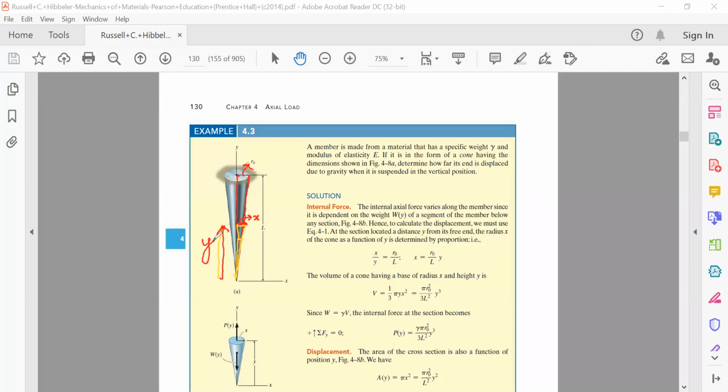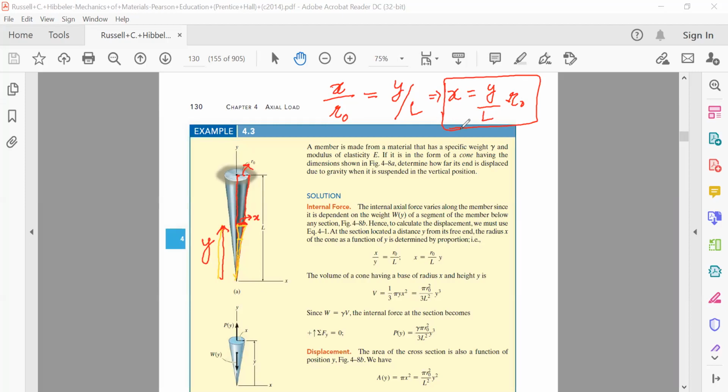So we can write, this is the property of similar triangles, x divided by r naught is equal to y divided by L. Therefore, the value of x is equal to y by L into r naught. So this x gives us the value of the radius.